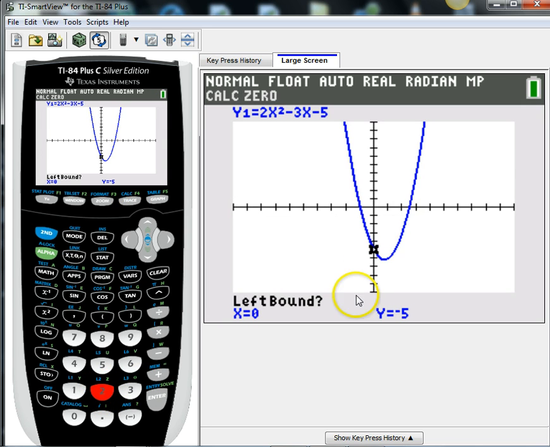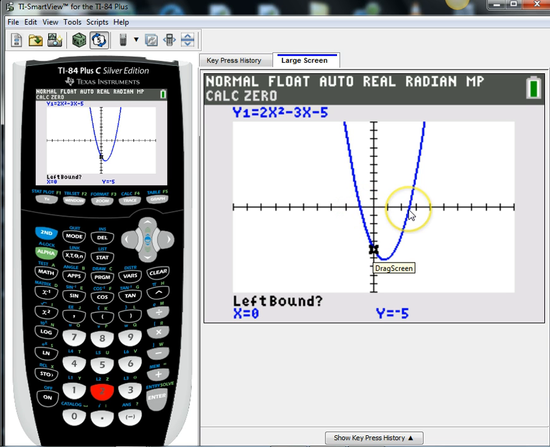Now, look at what happens. The calculator gives me the y-intercept. This is when x is 0, y equals a negative 5. But we're not interested in when y equals a negative 5. We're interested in when y equals 0.